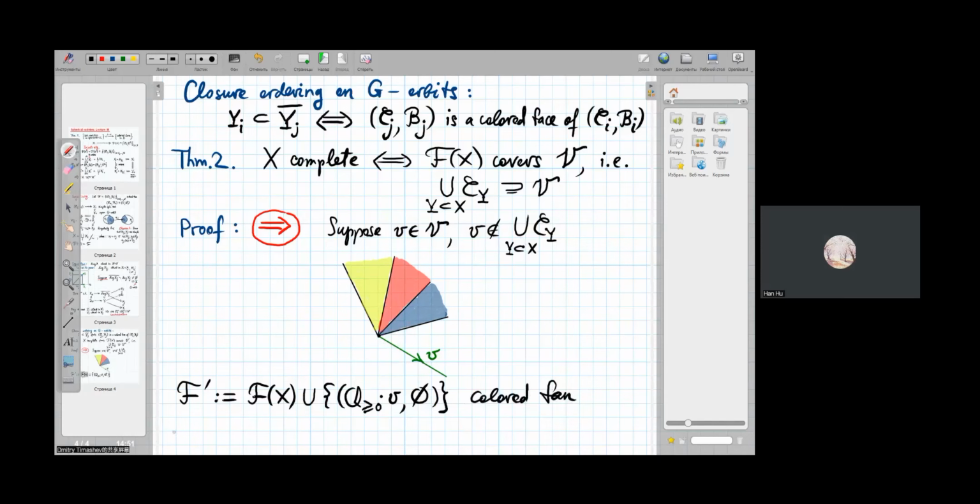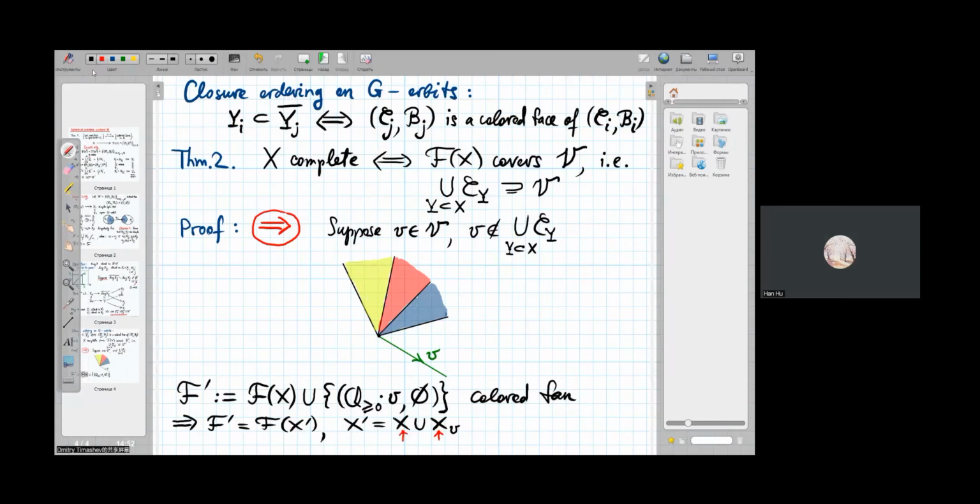And geometrically, it follows from the classification theorem that this fan corresponds to a spherical variety X prime, which is bigger than X. Actually, X prime is a union of X and the elementary variety corresponding to this vector V. Both X and X_V are open subsets in X prime, because their fans are parts of the fan of X prime.